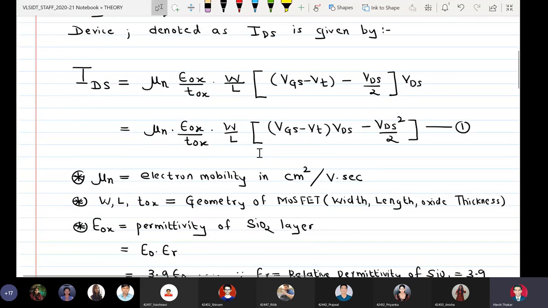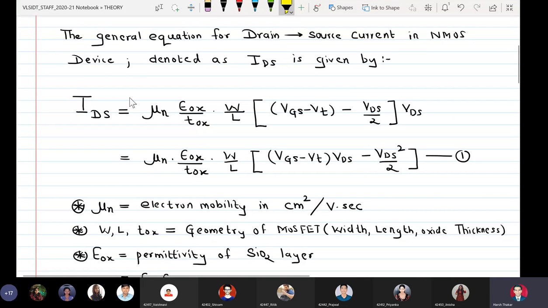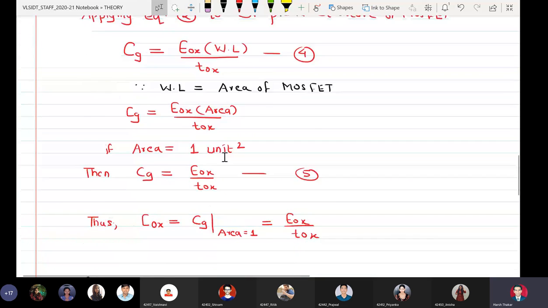So it is very, very important for you to memorize this equation for IDS. We can have a last note on this.